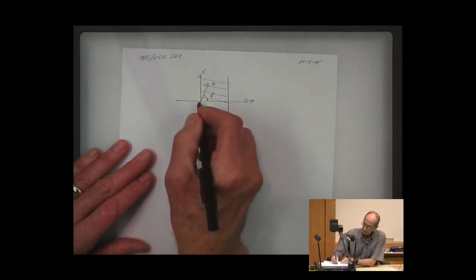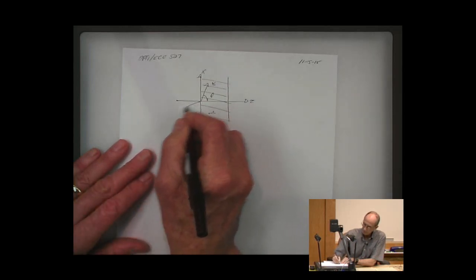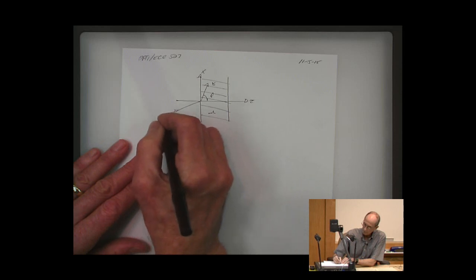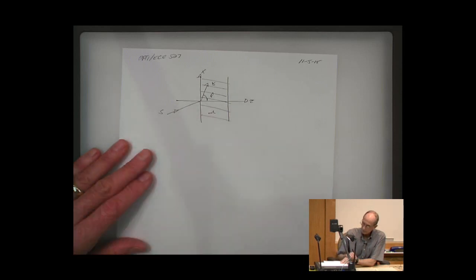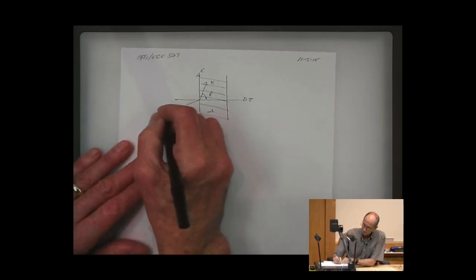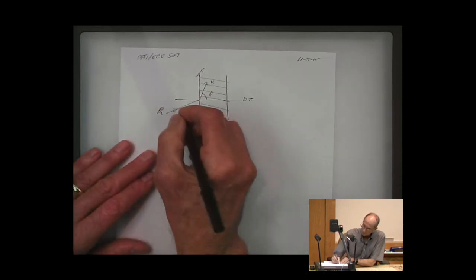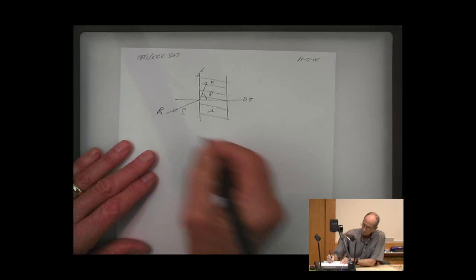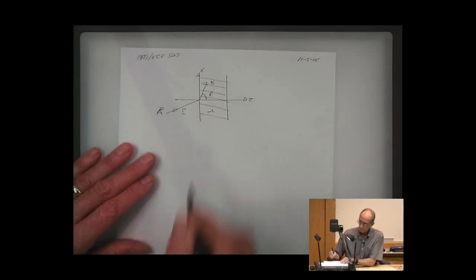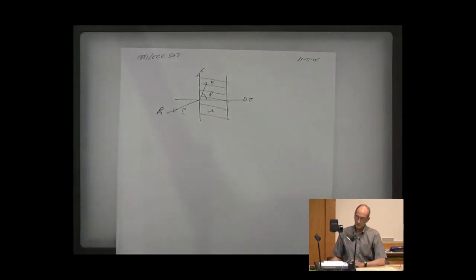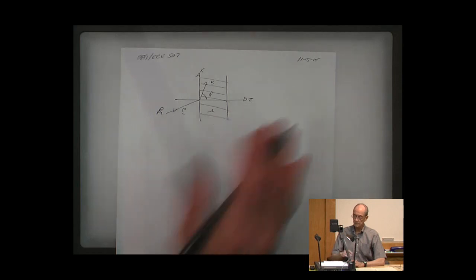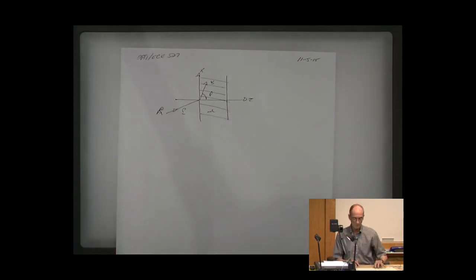Here's our x-axis, and we come in here with a wave. We're calling this the signal, or I'm sorry, the reconstruction wave here with a propagation constant rho. We will then figure out what the overall diffracted field is going to be coming out of this system.